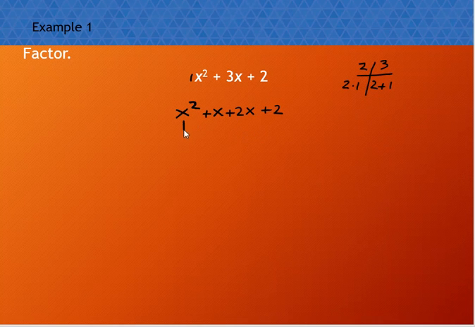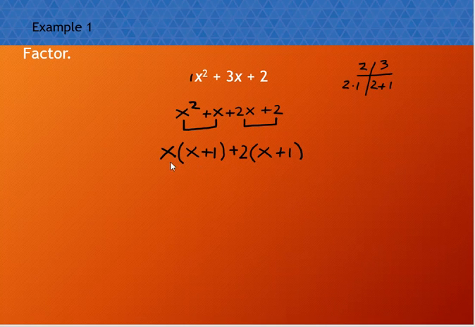So because this is method of grouping, we're going to group the first 2 and the last 2. So here we're going to factor out x. After we factor out x from x squared plus x, we get x plus 1. And in the second group, we can factor out 2, and that also gives us x plus 1.